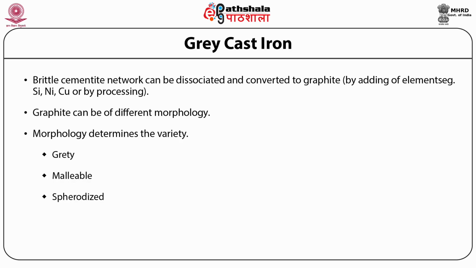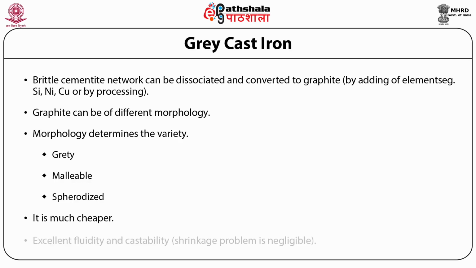If the graphite has flaky morphology, it is called grey cast iron. Generally, flaky graphite forms during cooling after pouring in the mold during casting. The properties of grey cast iron are: number one, since making grey cast iron requires much lower temperature than steel, it is much cheaper than steel.